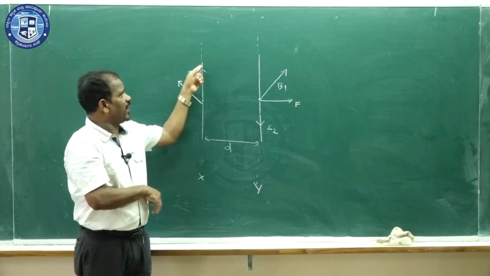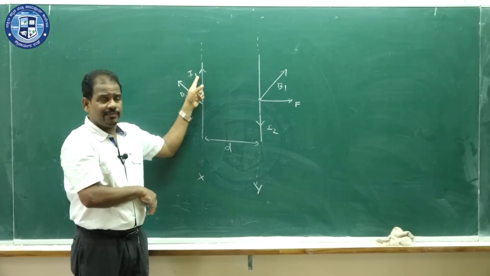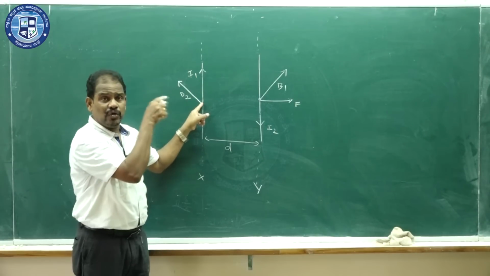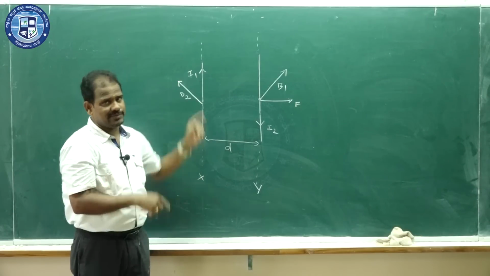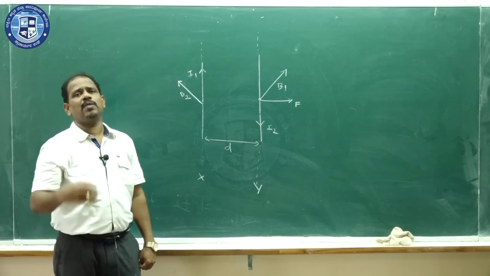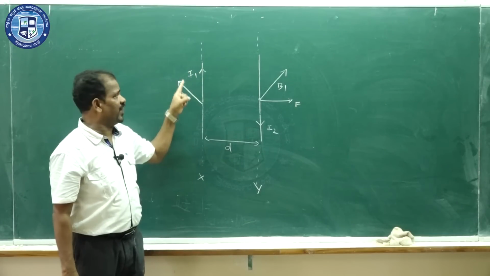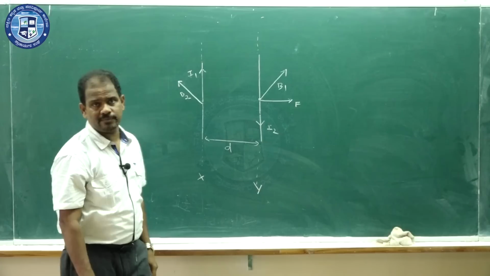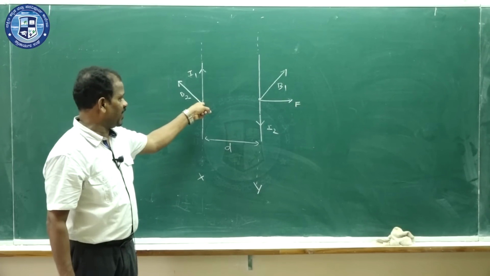Clear? So this is a wire which carries current. Current is upwards, I1. Here there is a magnetic field due to the current I2, and that magnetic field is inwards. Now come to the theory. A current carrying conductor kept in a magnetic field experiences force. Fleming's left hand rule: four fingers show the direction of magnetic field, inwards.